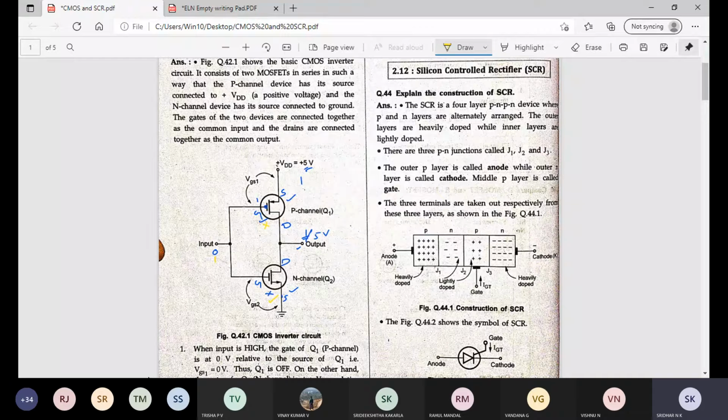Ground is nothing but 0, so 0 volts will come out. That's why it is represented as 0. So if I give input as 1, output is 0. If I give input as 0, output is 1. This is how the complement takes place. So this is the operation of the CMOS circuit.